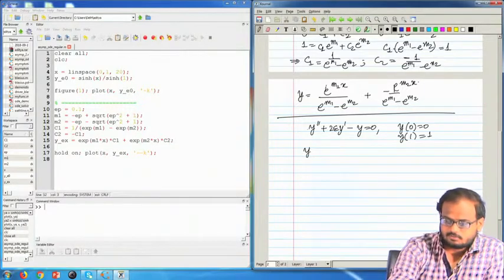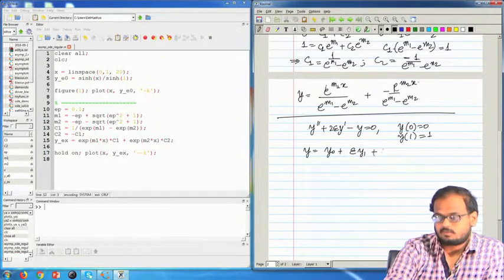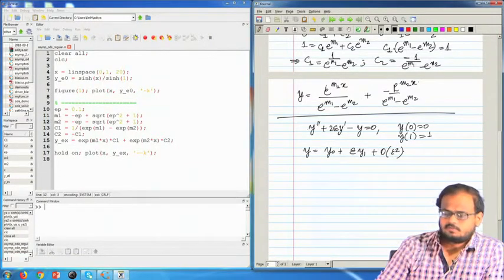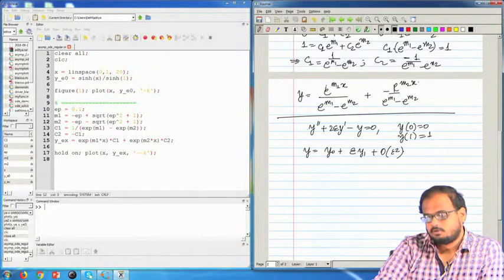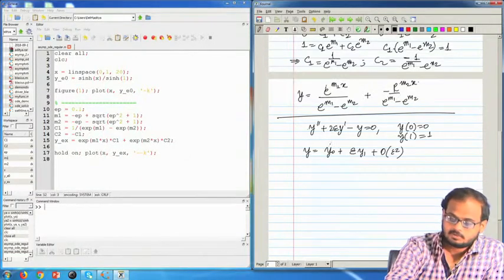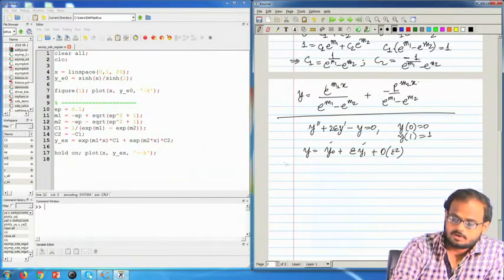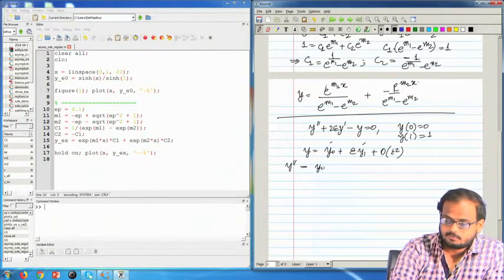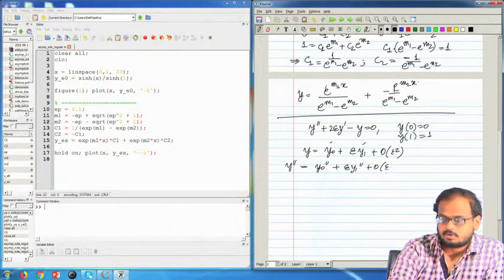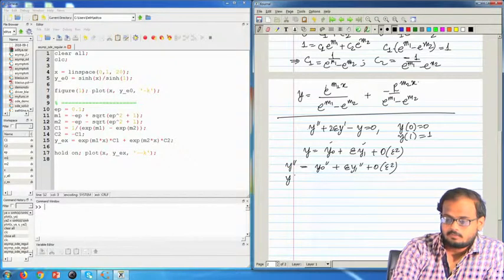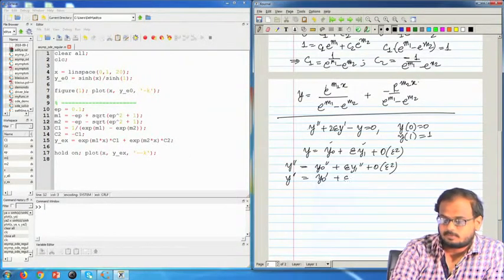So, let us write the solution in the form y equal to y0 plus epsilon y1 plus order epsilon square, if you are interested only in finding the first two terms, the leading order term and the first order term. Let us write down what y double dash will be. This will be equal to y0 double dash plus epsilon y1 double dash plus order epsilon square. Similarly, y dash will be y0 dash plus epsilon y1 dash and so on.